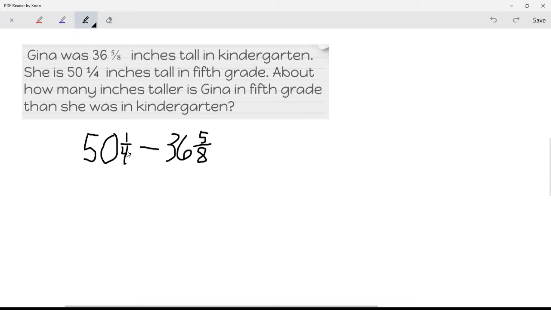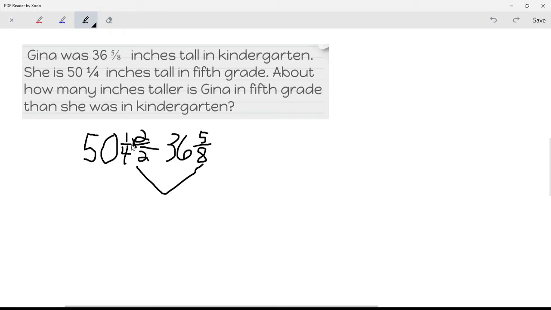So in this case, we have 4 and 8 as denominators, so we need to find a common denominator. I know 4 is a factor of 8, so I have to think, what do I have to multiply 4 by to get 8?